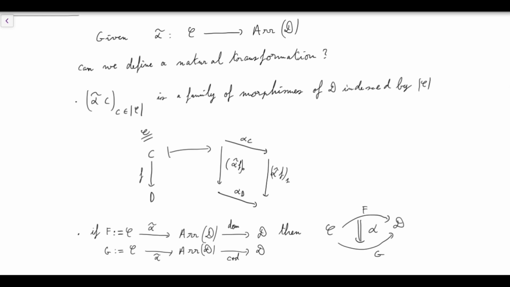Why? Because remember, the only condition for this to be a natural transformation would be that this square commutes. But the fact that alpha tilde is a functor says that for each morphism of C, we'll have a morphism in arrow D, and part of the definition of being a morphism in arrow D is that the square will commute. So alpha is a legitimate natural transformation.